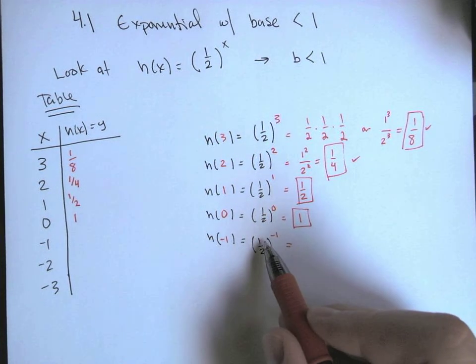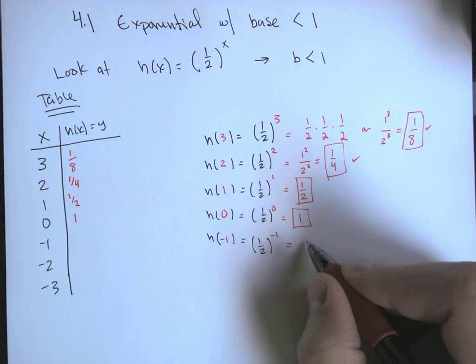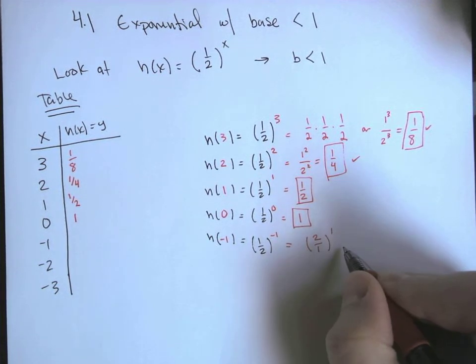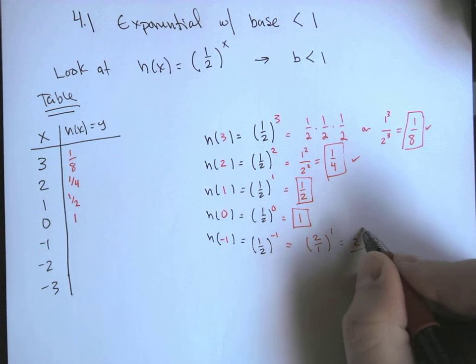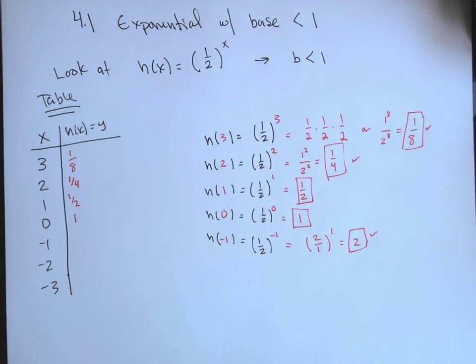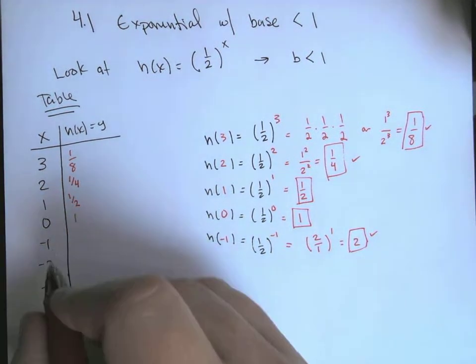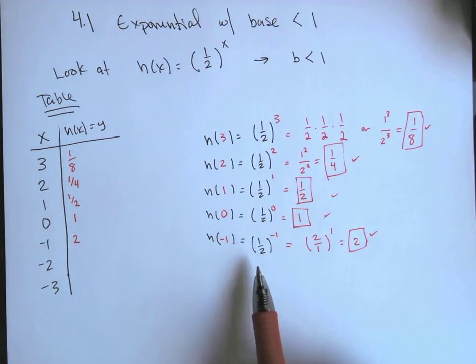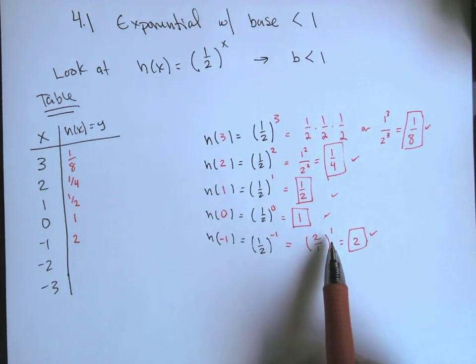So if I am starting with a fraction, 1/2 to the -1 is really just the reciprocal, 2 over 1 to the positive 1, which is just going to get me a positive 2. So for 1/2 raised to the -1, the 1/2 gets flipped, and then you raise it to the power, in this case just positive 1.